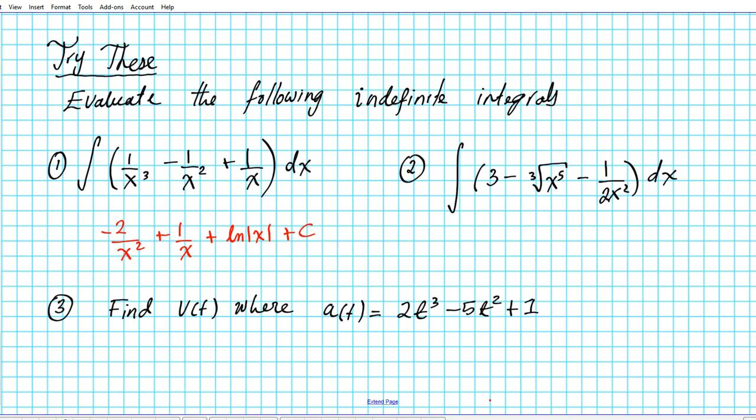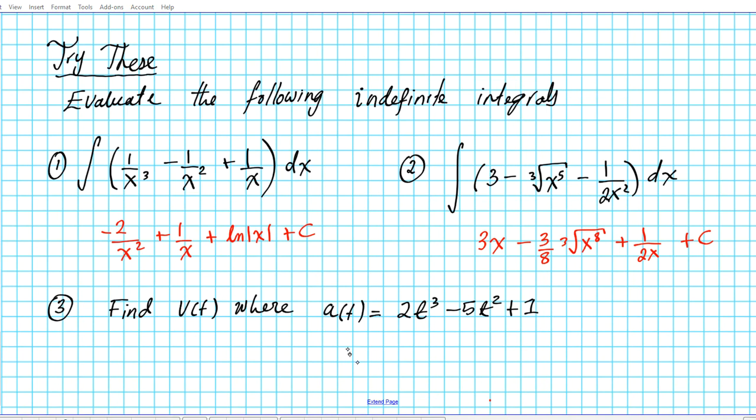For number 2, the answer is 3x minus 3 over 8 times the third root of x to the 8th power plus 1 over 2x, and you do not want to forget your c value.